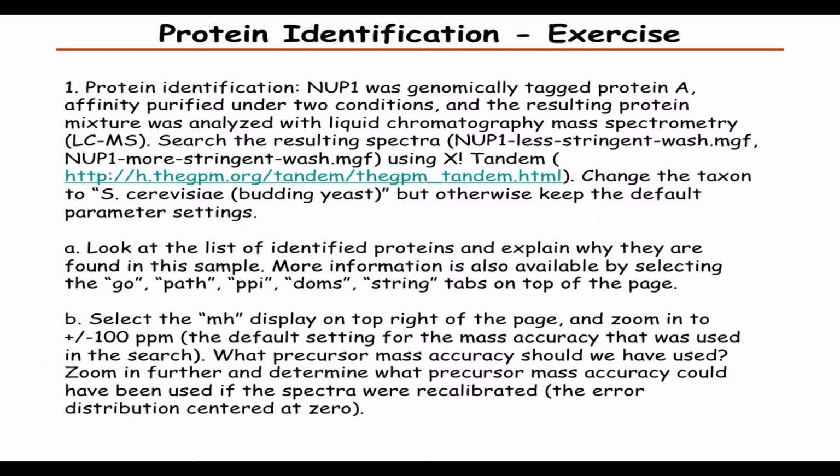Phosphorylated NUP1, F1, not phosphorylated, some human keratin, not surprising. Trypsin. So where do you get human keratins from? Hands. Yes.